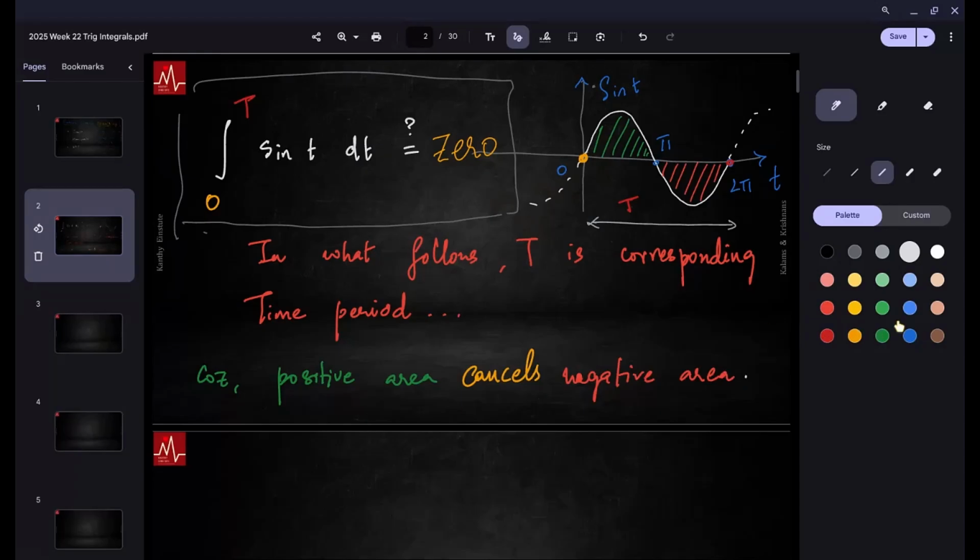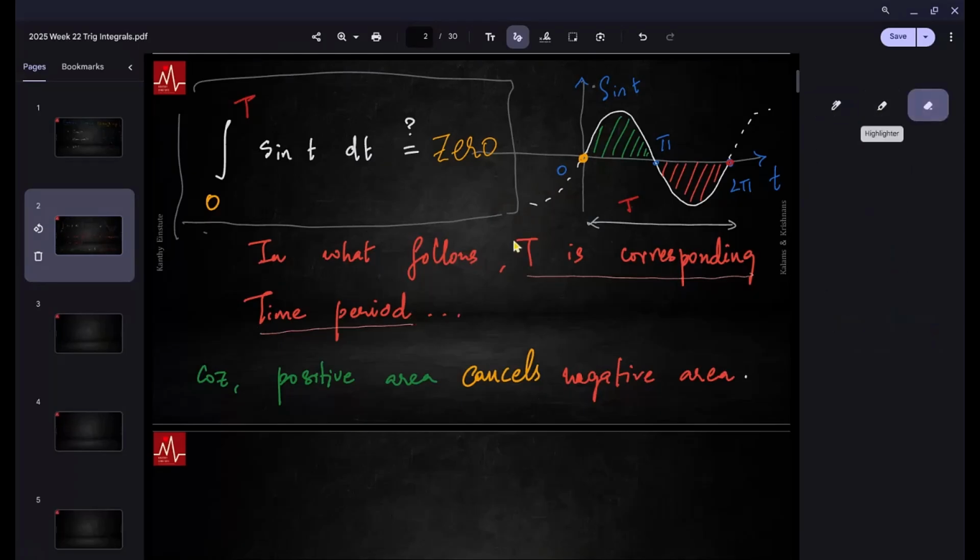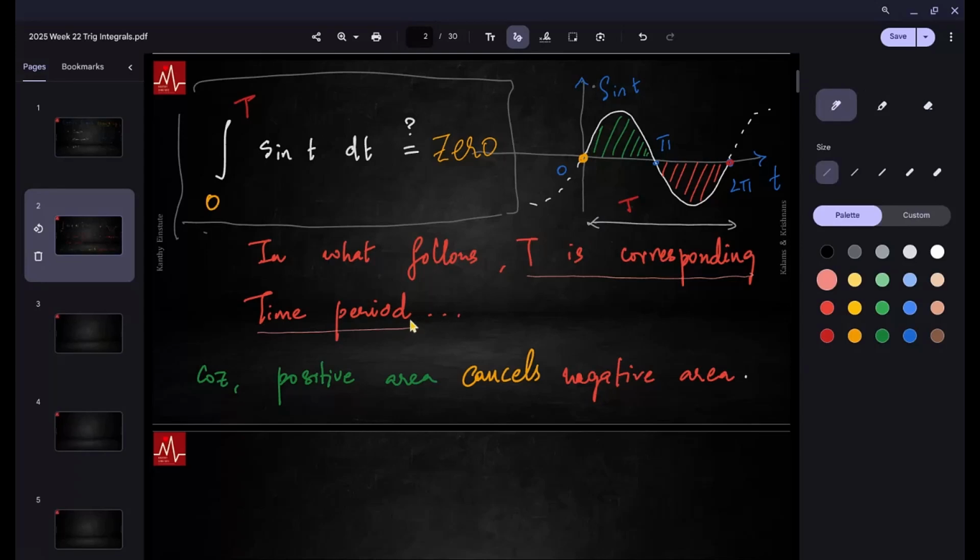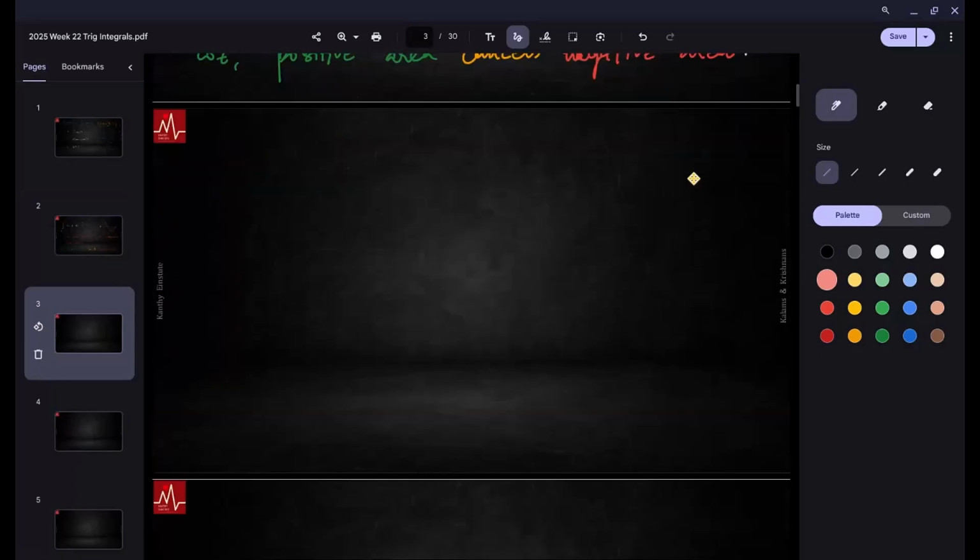Also pay attention to how I have defined the time period. T is the corresponding time period. If I think of a sinusoid with a different frequency, a different angular frequency, any of that, I am referring to that time period. So the time period keeps changing if I am talking about faster and slower sinusoids. That helps. Now let's do this.